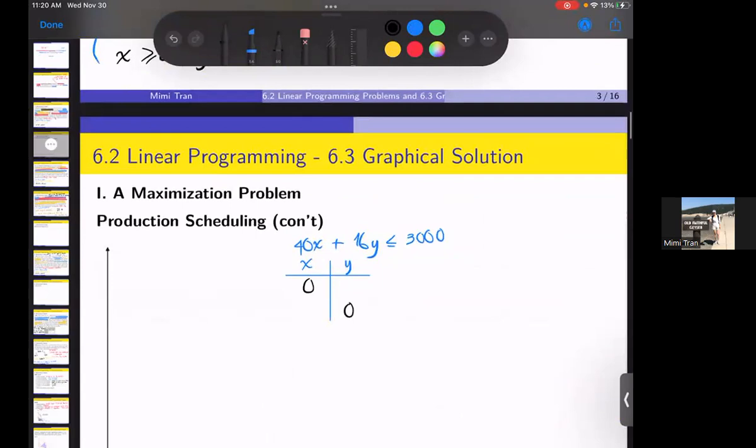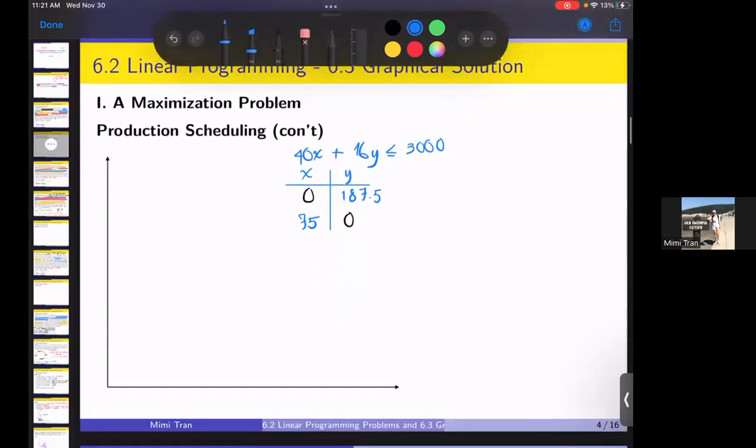When x equals 0, what's y equal? 3,000 divided by 16, 187.5. When y is 0, 3,000 divided by 40, 75. If I was you, I would do this first before I actually do the tick marks, so I know how large I have to go or how small.